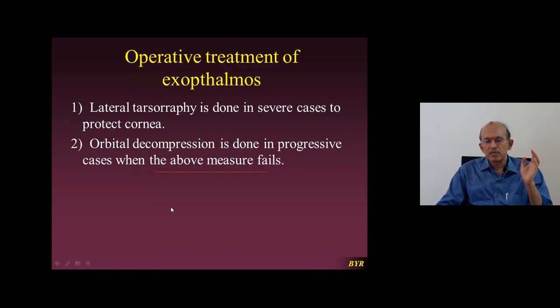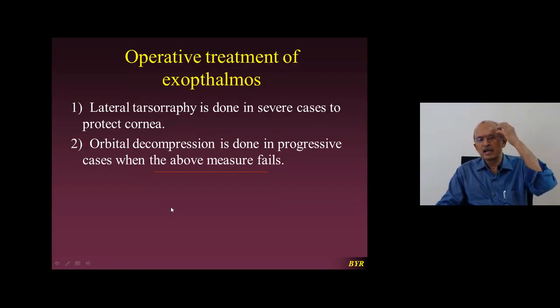So in such severe exophthalmos or malignant exophthalmos, what you must do is, in the lateral wall of the orbit, you make a hole. Then all the retroorbital contents herniate through this hole outside. So the retroorbital pressure will come down. So this is called orbital decompression.